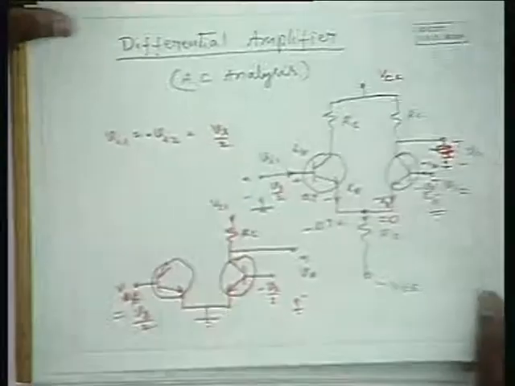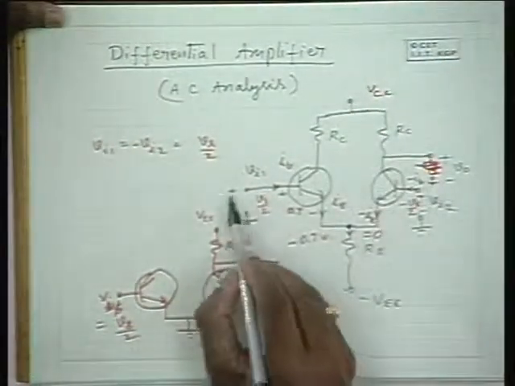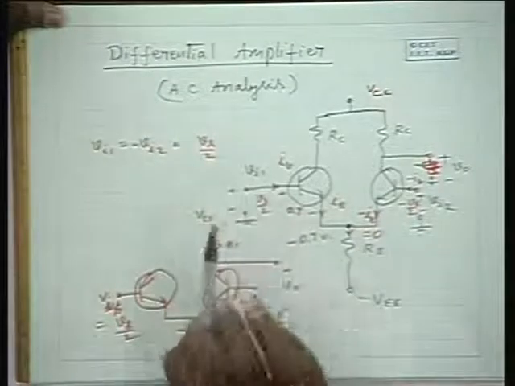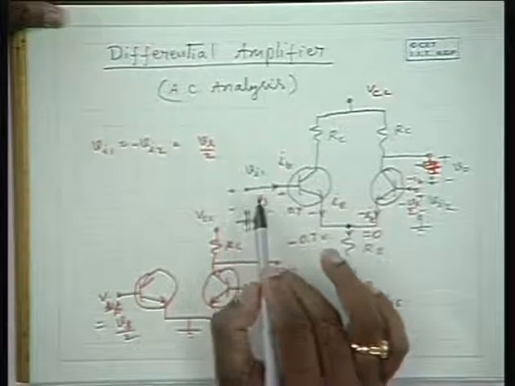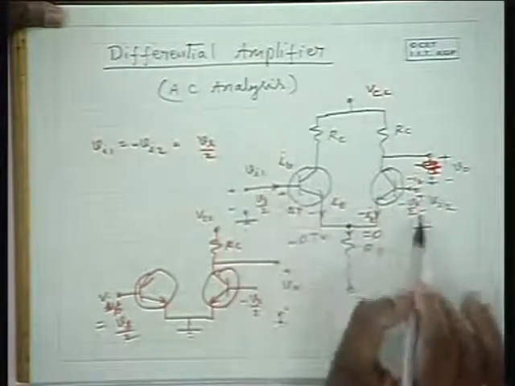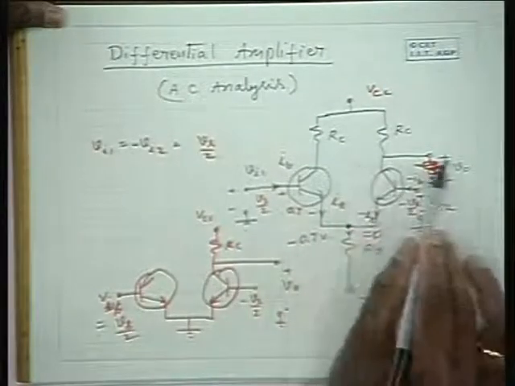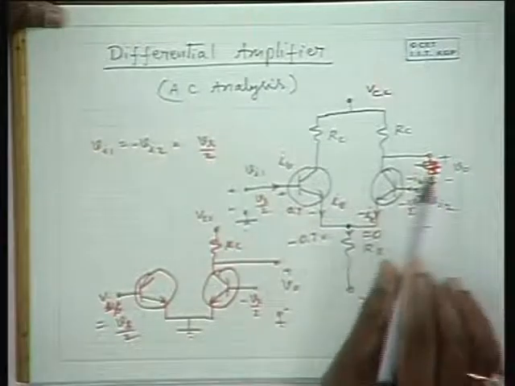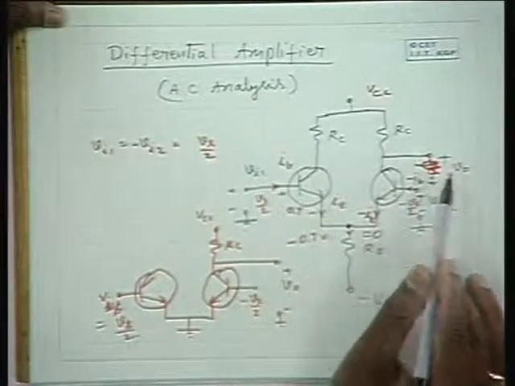So, please note that here I would like you to emphasize one point. For a differential signal, to have only a differential signal and no common mode signal, you should apply some signal here and a signal with an opposite phase here. And with the opposite phase signal, the gain is negative. With the in phase signal, the gain naturally would be positive.